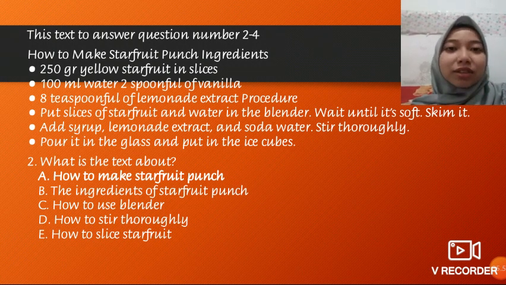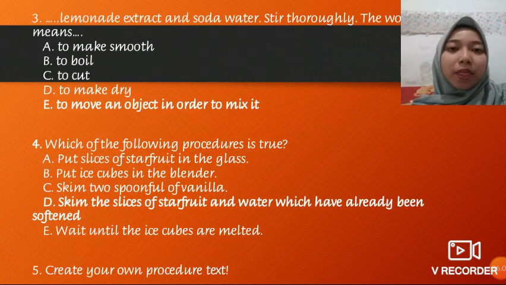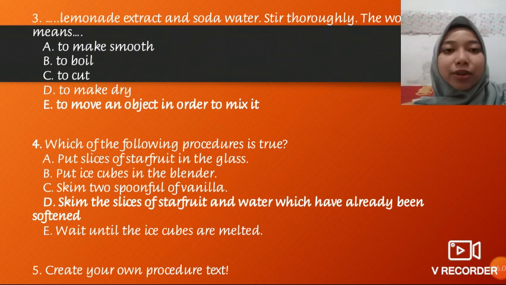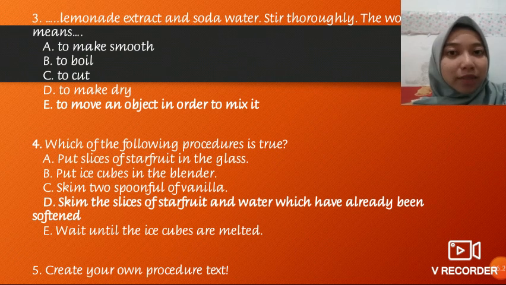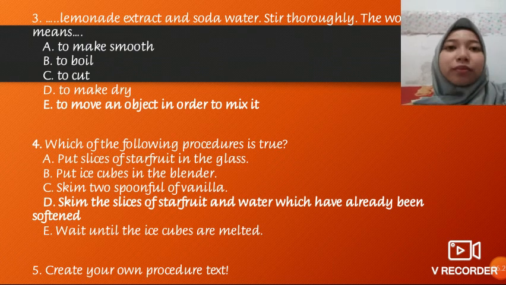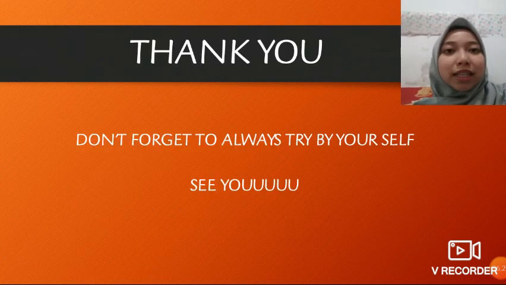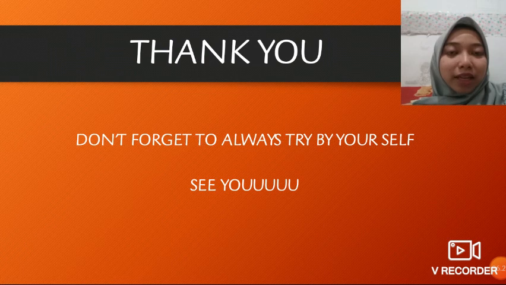The answers to questions number 2 until number 5 are in the procedure text. And number 5 is create your own procedure text, whatever you want, about how to use or to make something. Okay, I think that's enough about my explanations.